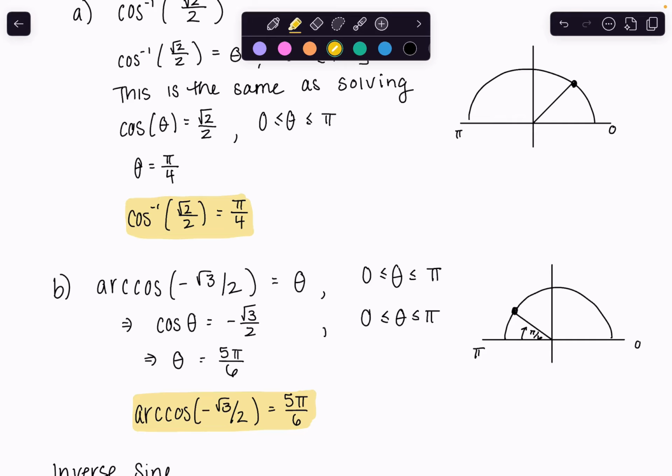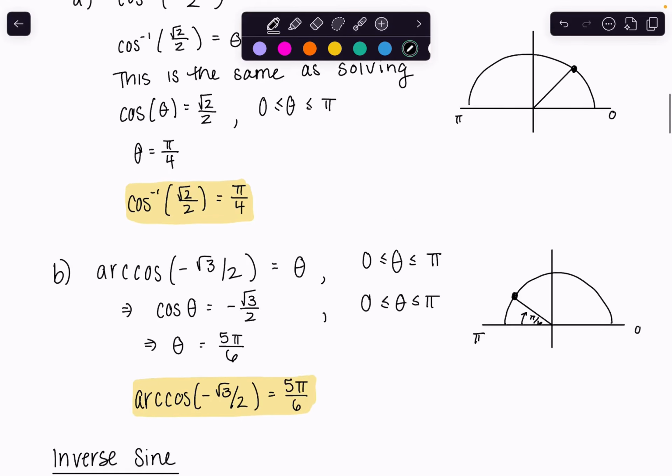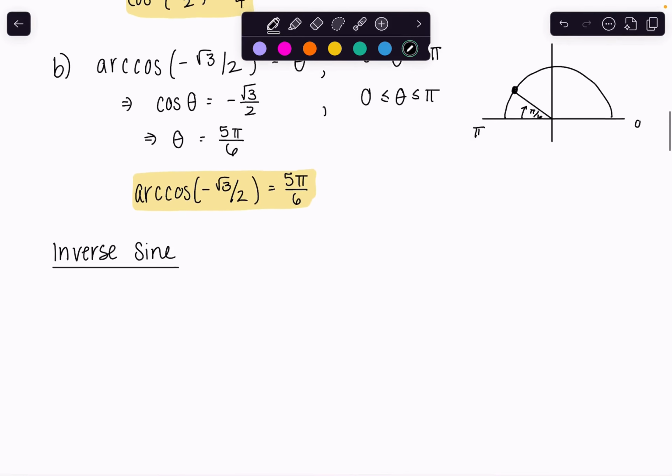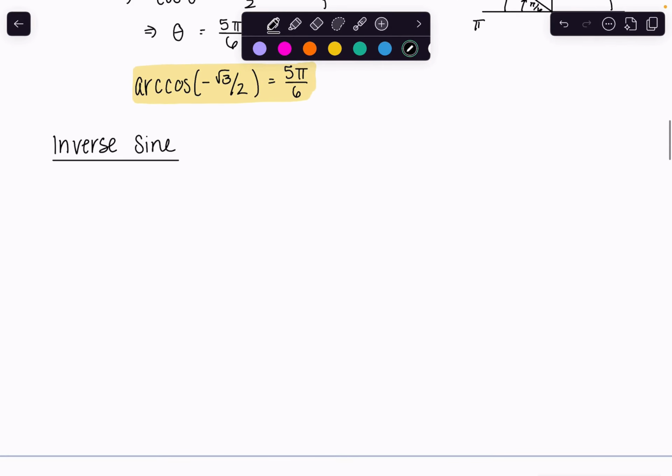So that is our inverse cosine function. Now we're going to do the same thing for inverse sine, and realistically, tangent's going to end up following the same. The domain restrictions are going to be a little bit different here. Okay. So if I think about graphing the sine function, that one's a little bit harder.